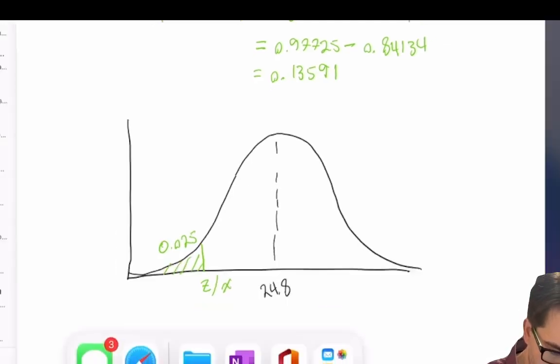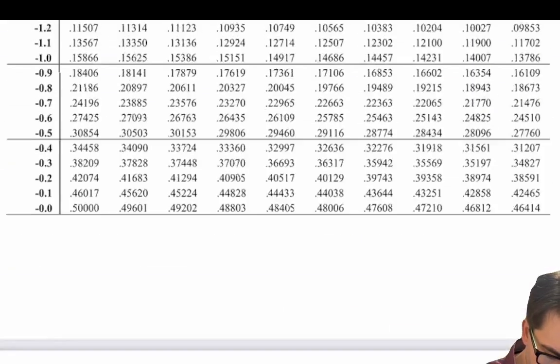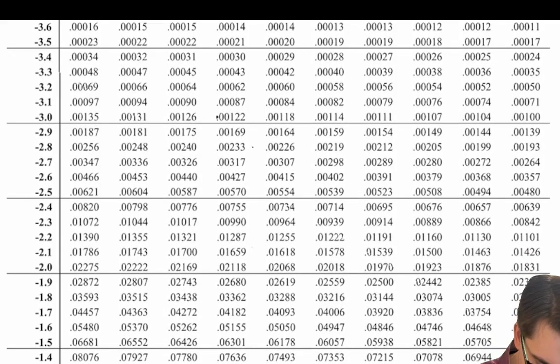So we don't know what this associated z-score may be, or value of x. So let's go ahead and look up that probability in our z table. So we're going to find the z-score associated with 0.025. So we look here, and we're looking for 0.025. And here it is.